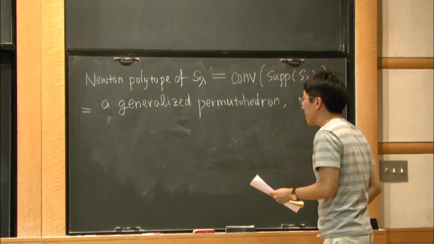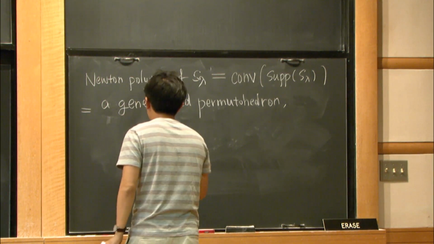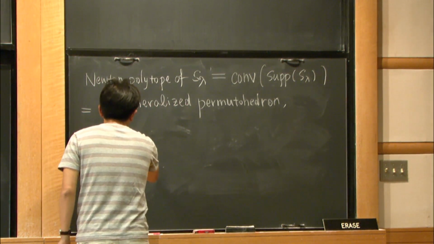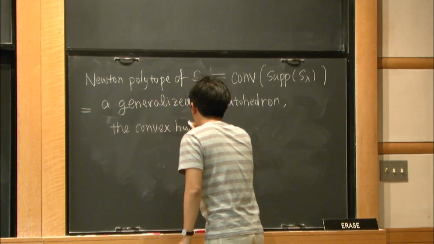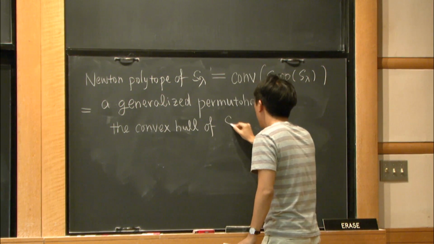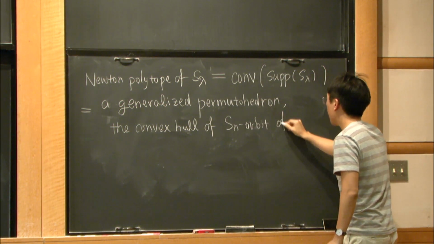And in this case, it's even a special kind of generalized permutohedron, which is simply the convex hull of an orbit, the S_n orbit of lambda.